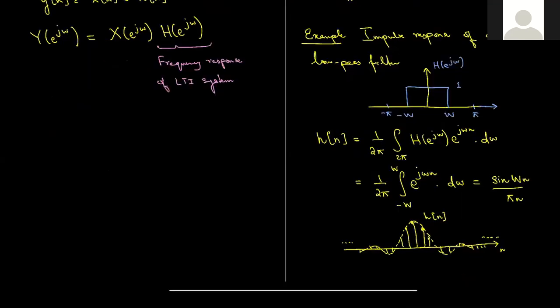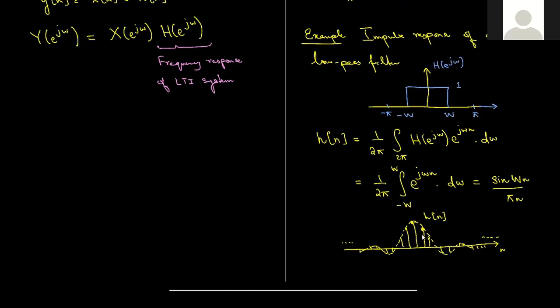Inverse transform: I just plug in H of e raised to j omega inside the inverse Fourier transform relationship, so this is straightforward going from here to here. This is sine omega n by pi n. This is the Sinc pulse, which has an envelope which looks like this, and everywhere else these will be samples of it.